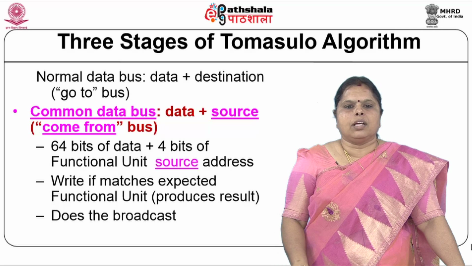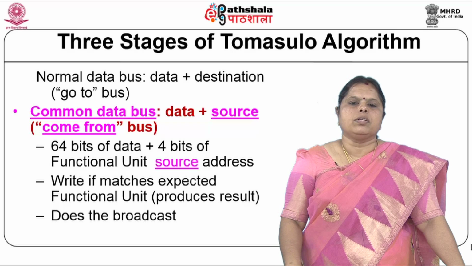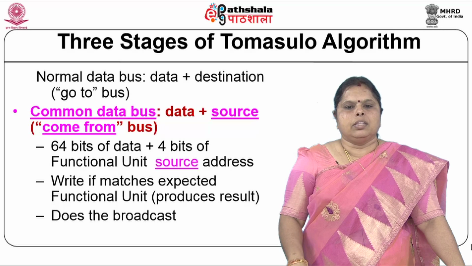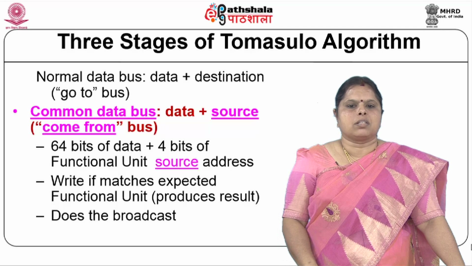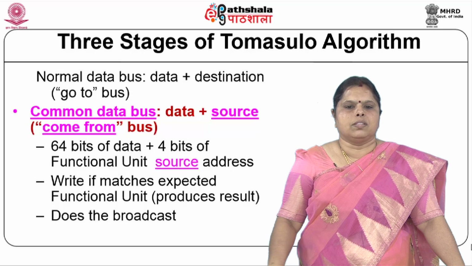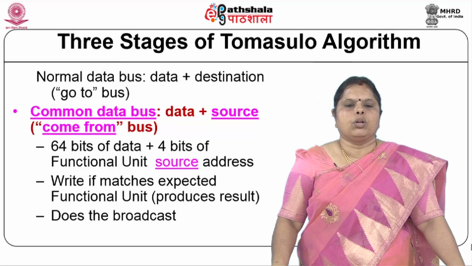That is, you are saying that the data comes from this particular source. Say for example, if a multiply instruction finishes completion, then you say that this multiply instruction has finished operation and the result of this multiply operation is this data. So, it is different from the normal data bus that we are aware of. The CDB is a come from bus and not a go to bus.